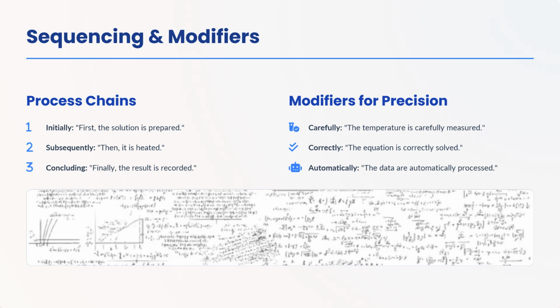However, adverbs, which are called modifiers, like carefully, correctly, automatically, are used to describe how the action is done. Why are they called modifiers? Because they modify how the action is done, so they give extra details. So that is to say, they provide the technical precision that our subject demands.